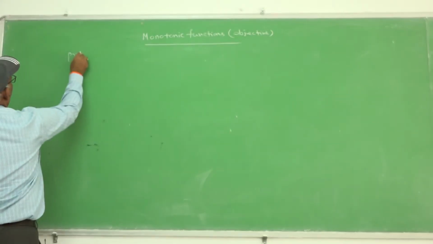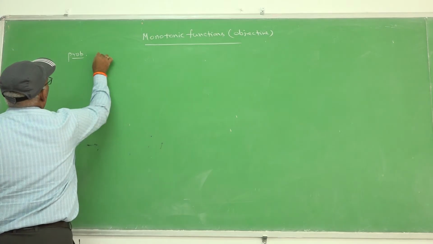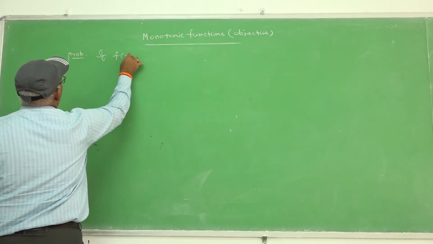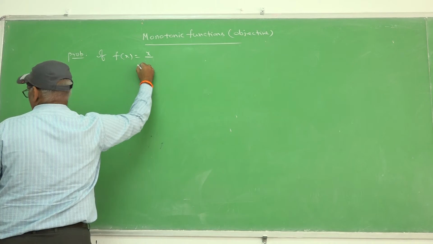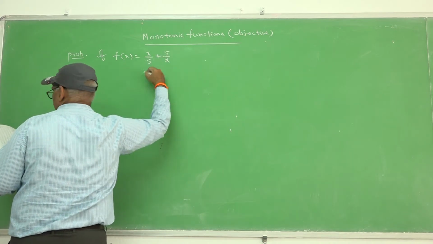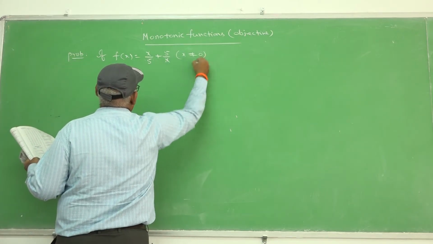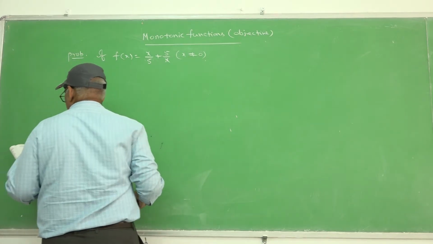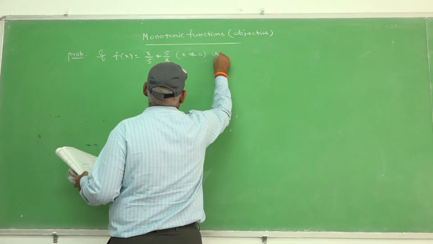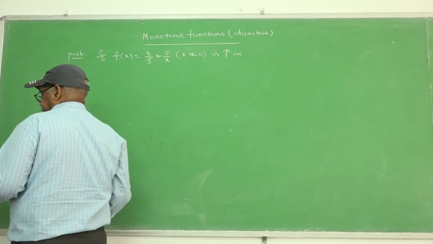Now the problem. If f(x) equal to x by 5 plus 5 by x for x not equal to 0 is increasing in the interval.